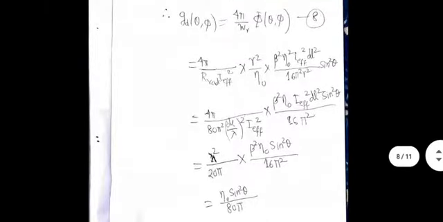I'm using the formula for radiation intensity in the directive gain formula, and I see that a lot of cancellations happen in the algebra itself. The final result, you can try to double check this, is directive gain equal to 1.5 times sine square theta for a Hertzian dipole.